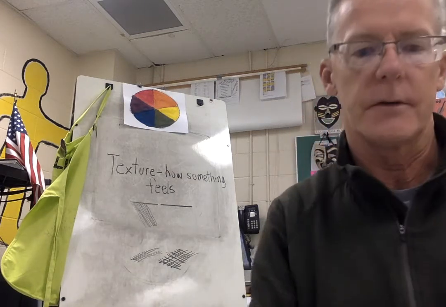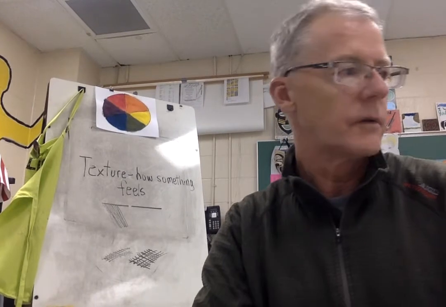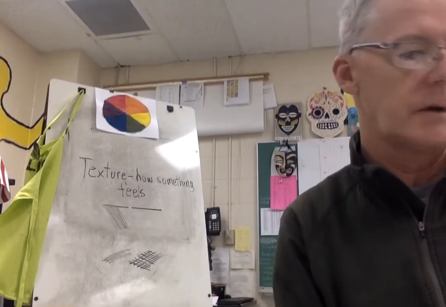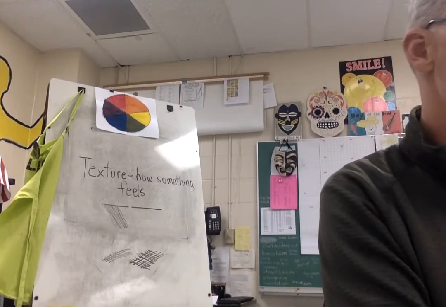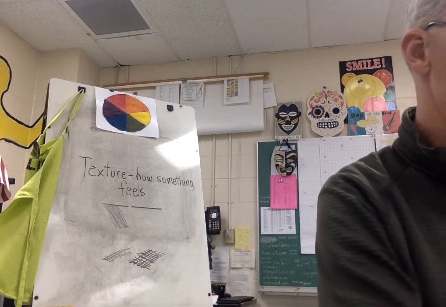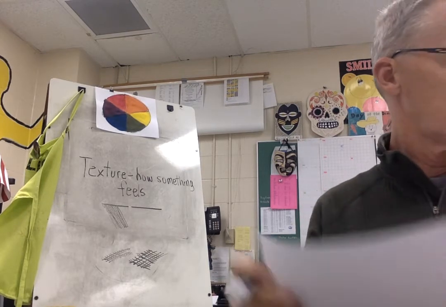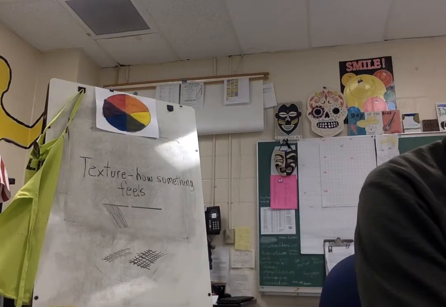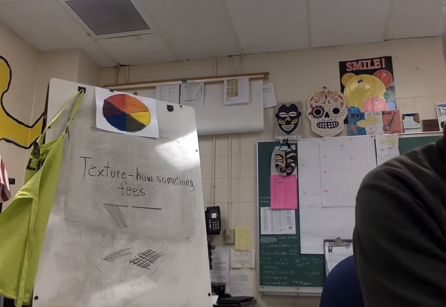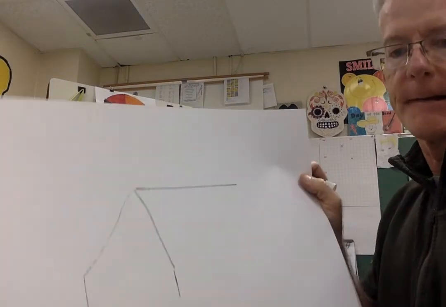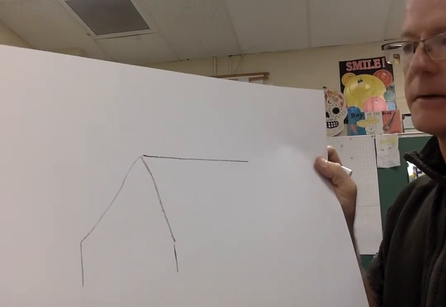Now I'm going to draw this barn like you saw. I'm just going to draw part of the barn, then I'm going to show it to you. Let me see here. All right. There's an A-frame. That's the start of the roof. All right, there's the next part.